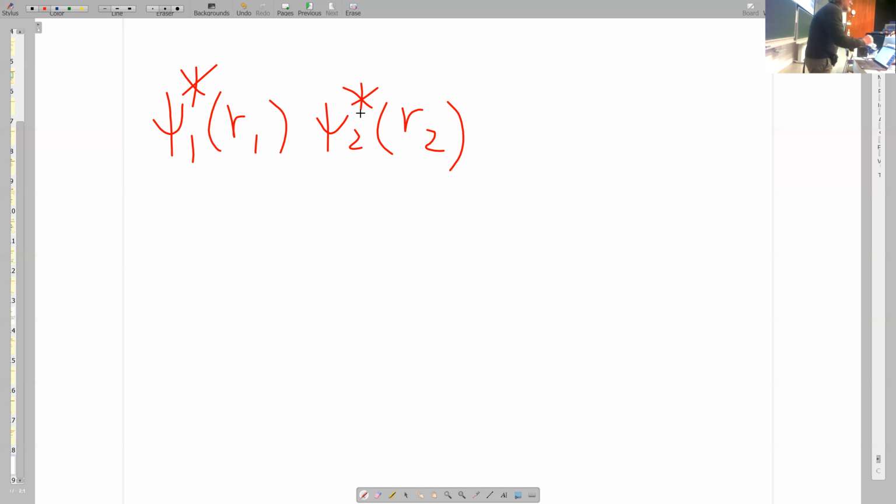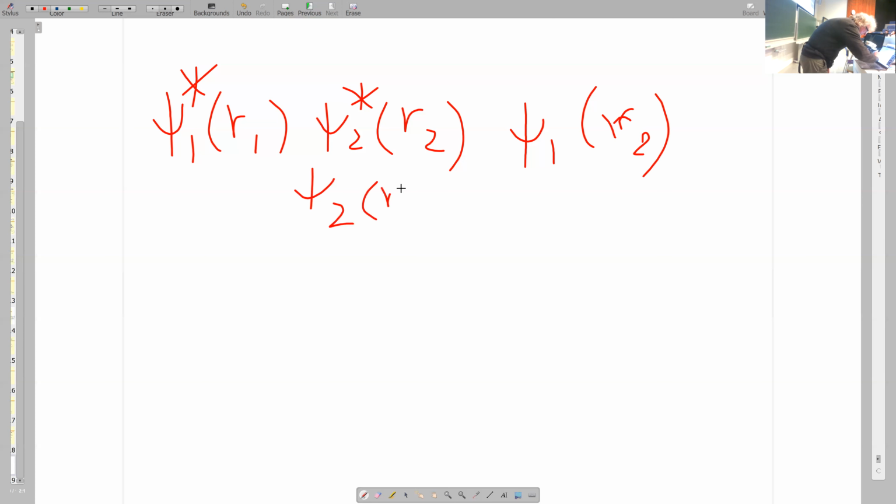Now another wave function is coming. Let's see, R2. And the last term, don't worry, it won't last long. Integral over R1, R2.